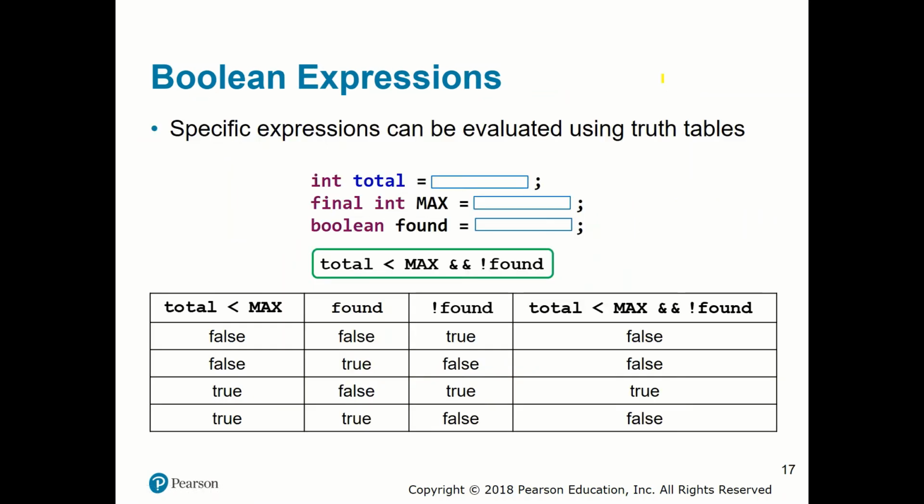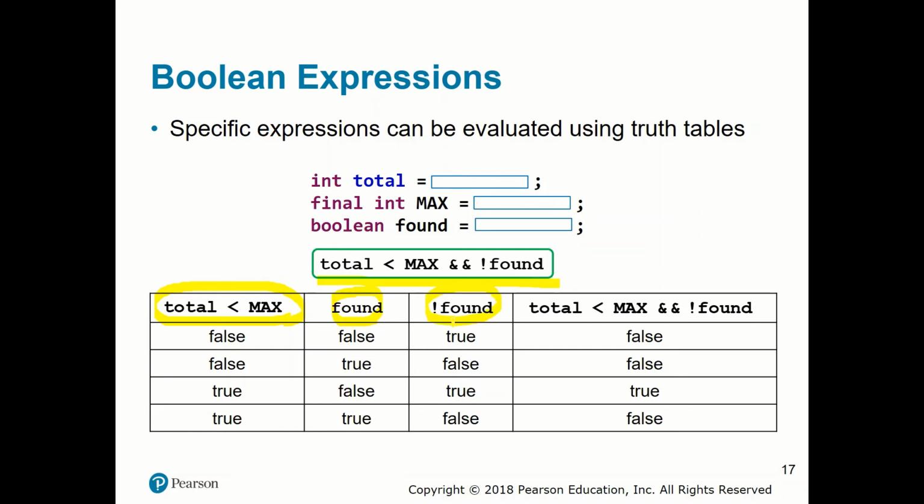If an expression is complex, the truth table is helpful. For example, the previous expression can be evaluated with a truth table like this. This is the previous expression, and this is the result of total is less than max, and this is the found value and not found.